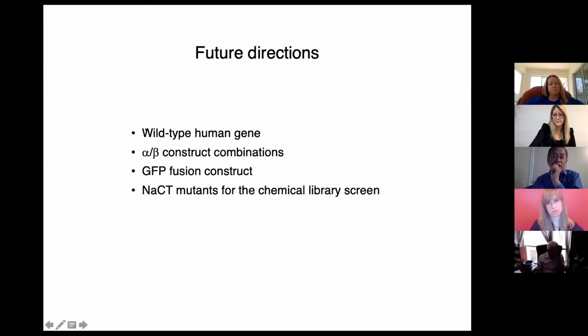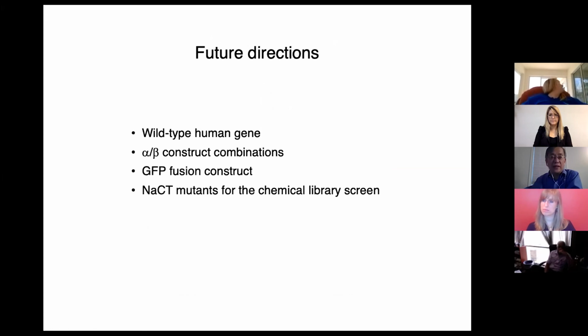Perhaps the major problem was that we used a codon optimized human NaCT gene to get high expression, and too high an expression level was probably toxic to the cells. Therefore, it didn't express at all. So now we are doing experiments to express a wild type NaCT gene. When we have results, we'll report to you.